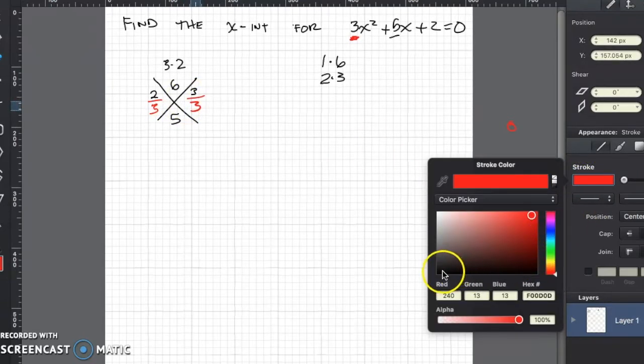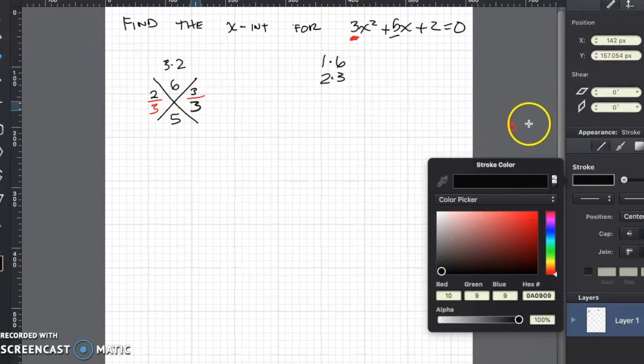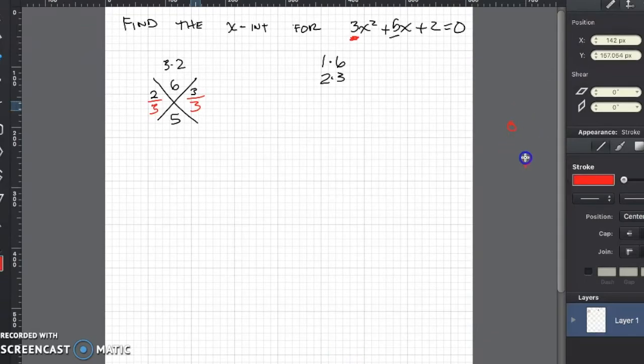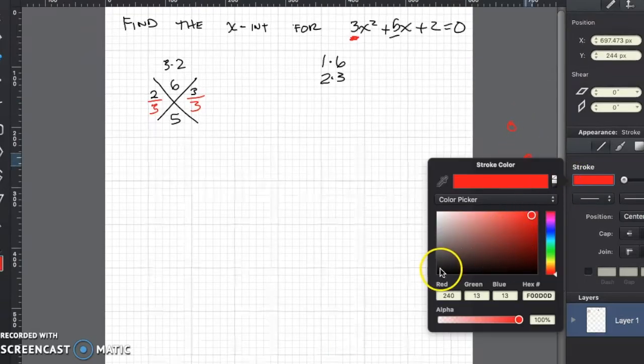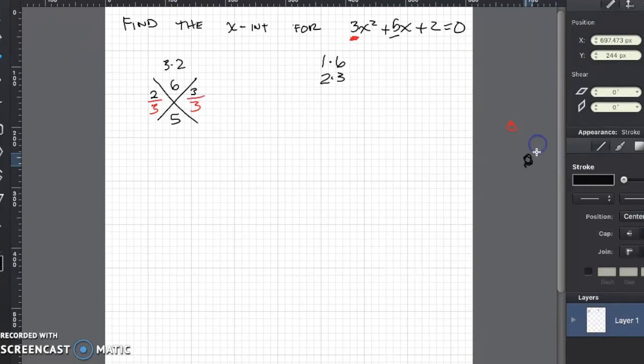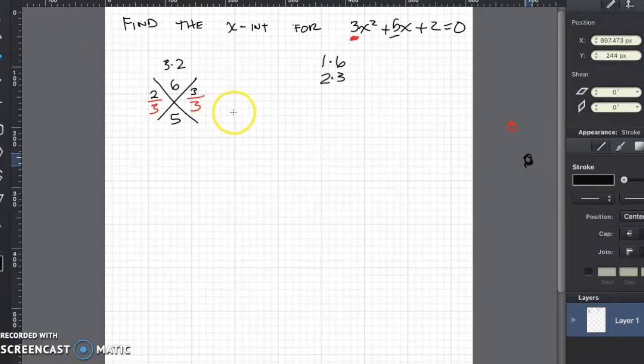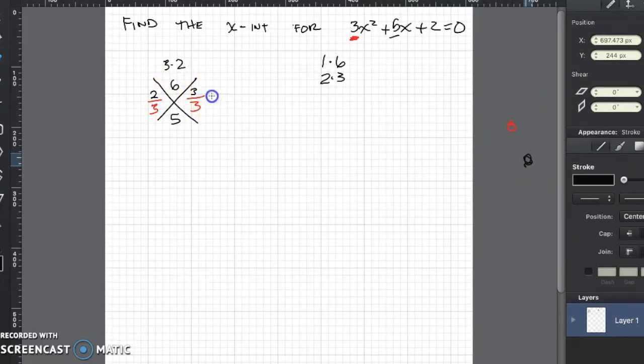There's a trick that some of us will figure out very quickly involving these points. But for those of us who haven't quite figured it out yet, don't worry. You'll get it eventually. But for right now, I want to simplify this. That's going to be 1.